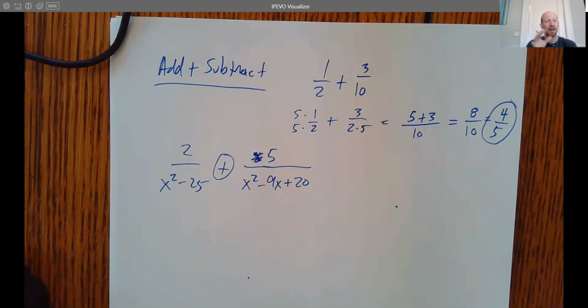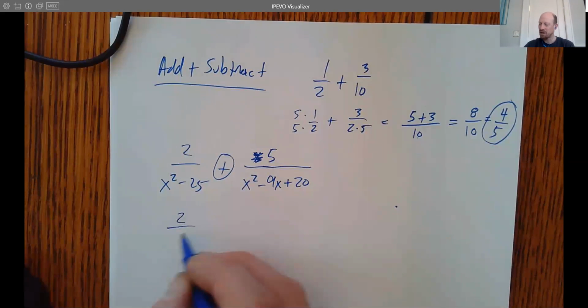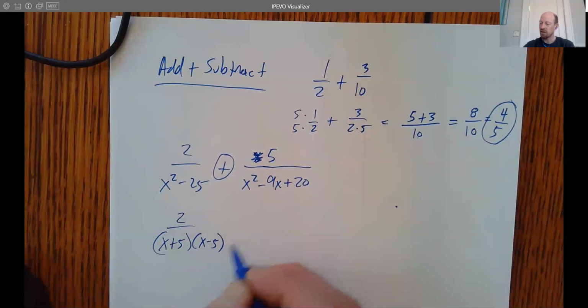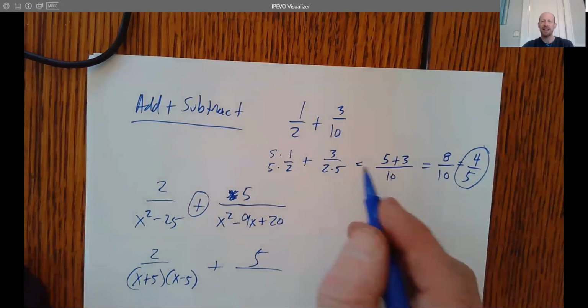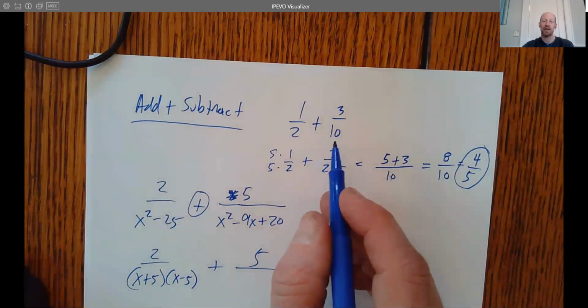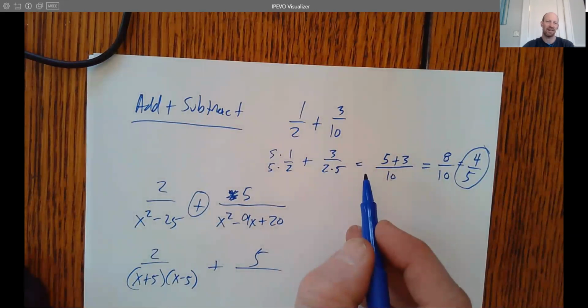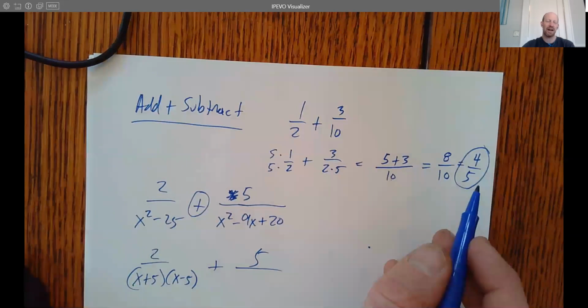In order to get the common denominators, if we were in class, I would ask you to all answer me together in unison. When you are looking at a rational expression, you have to start by factoring, right? So in order to get the common denominators, I need to factor these denominators. If you don't factor with numbers and you end up with like 20 instead of 10, you'll still get the right answer in the end.